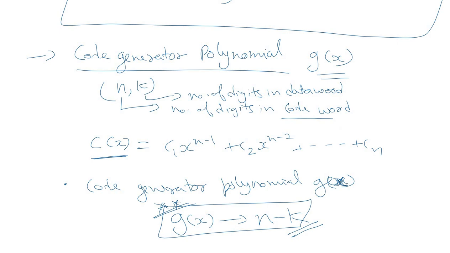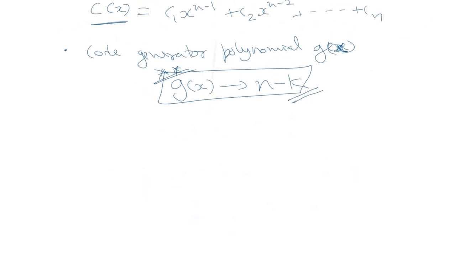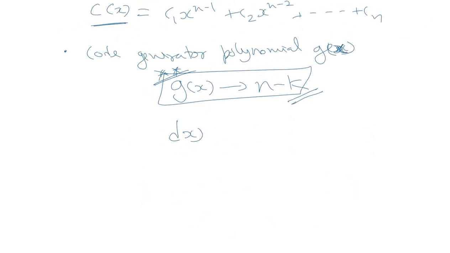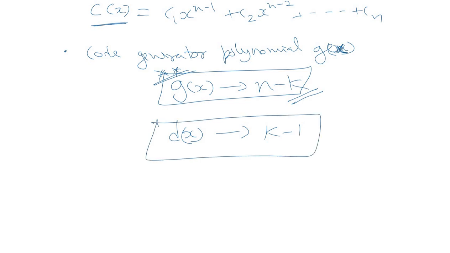If the data polynomial d of x is of degree k minus 1, this generator polynomial will have degree n minus k.